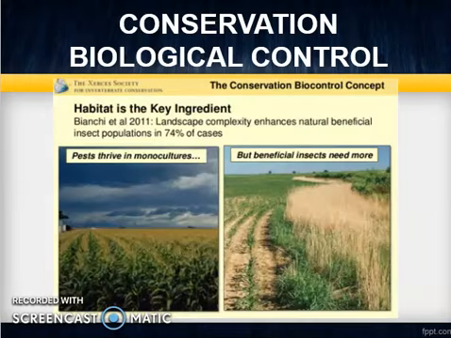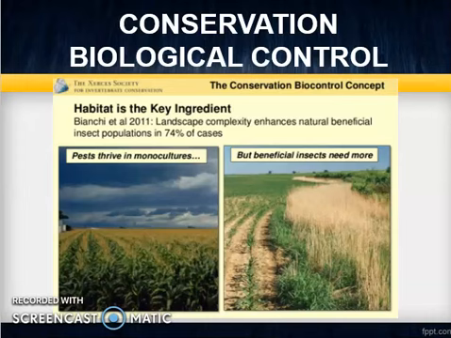Okay, students, let's discuss this slide in terms of its information. A study by Bianchi et al. 2011 describes the importance of habitat for the survival of natural enemies or beneficial insects in agriculture.